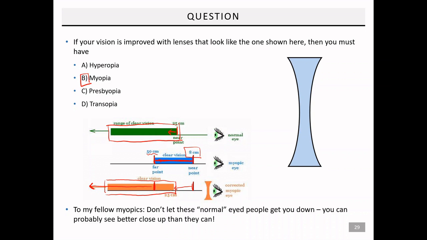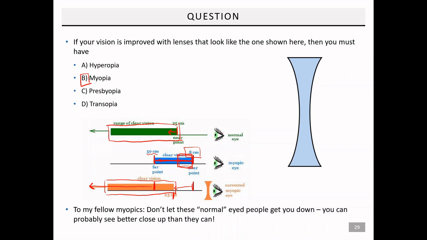This is because when you're wearing glasses, your near point is pushed further away. When you remove your glasses, you have that extra range of vision that you didn't have when you were wearing those glasses. Yeah, plus you get to wear cool glasses, so see, myopia, not all that bad.